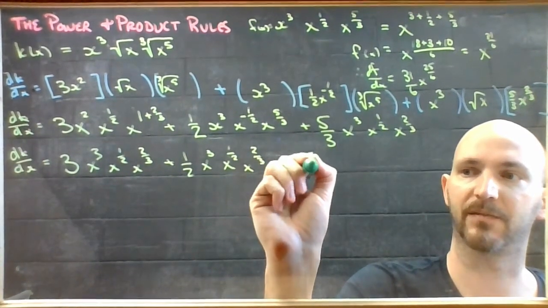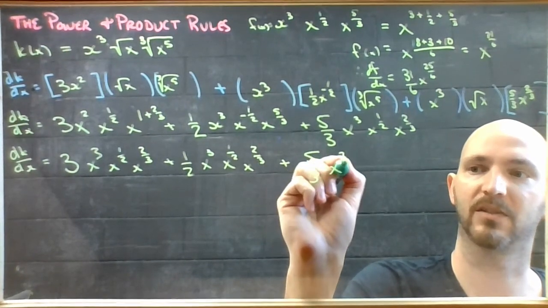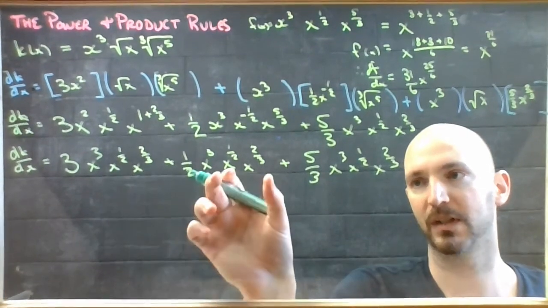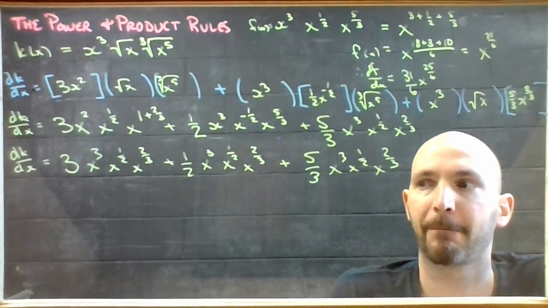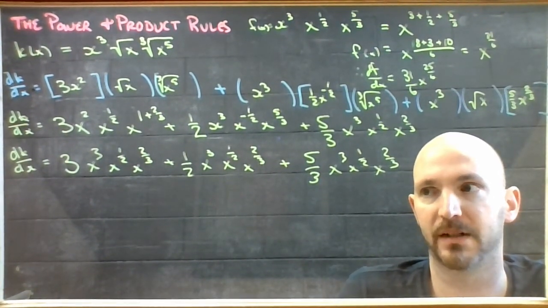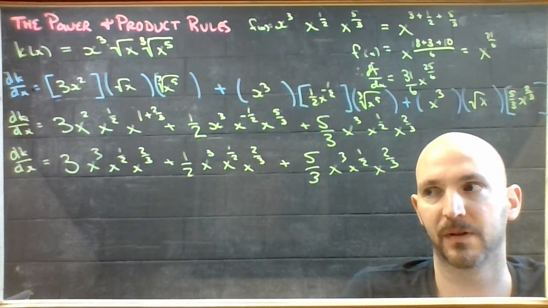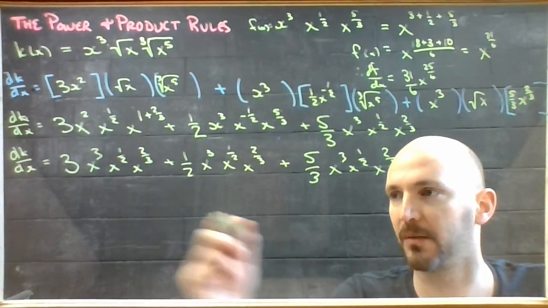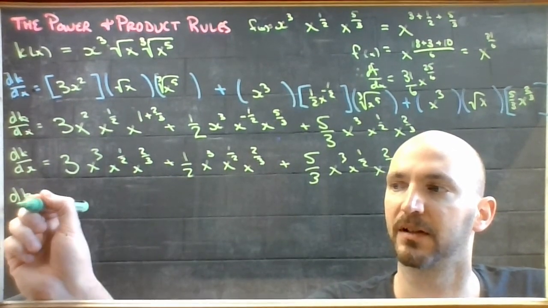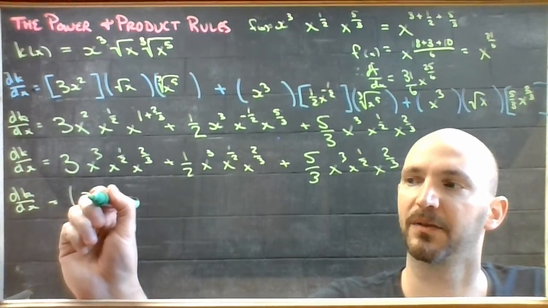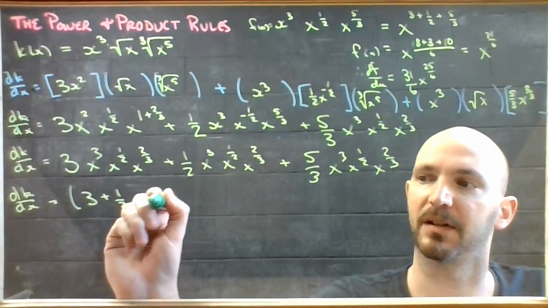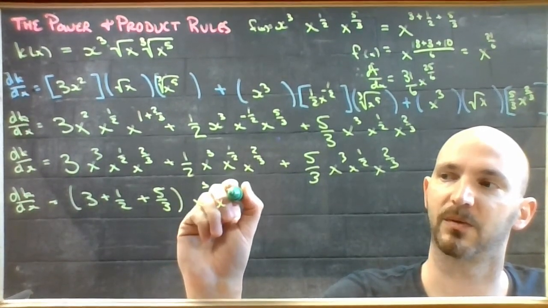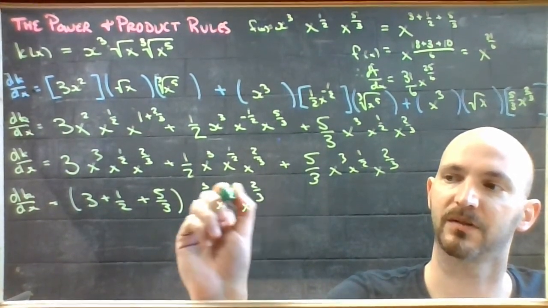Back here, I have 5/3 x cubed x to the 1/2 x to the 2/3. Notice that these match. I don't have to have them all combined in order to gather like terms. So I have a fraction here. I'm going to need to do some common denominator. Let me just write dk dx is 3 plus 1/2 plus 5/3, x cubed x to the 1/2 x to the 2/3.